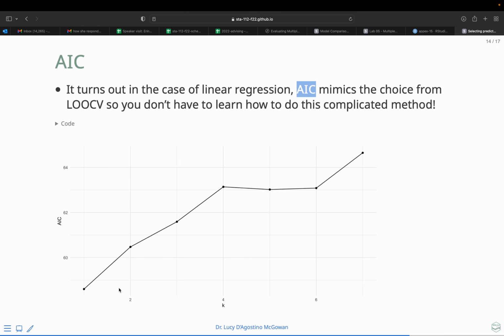And so if I calculate AIC on those same 7 models, the ones that include X1 all the way up to this final model that includes 7 variables, looking at this plot, knowing that the AIC value is on the y-axis, which model is the best?